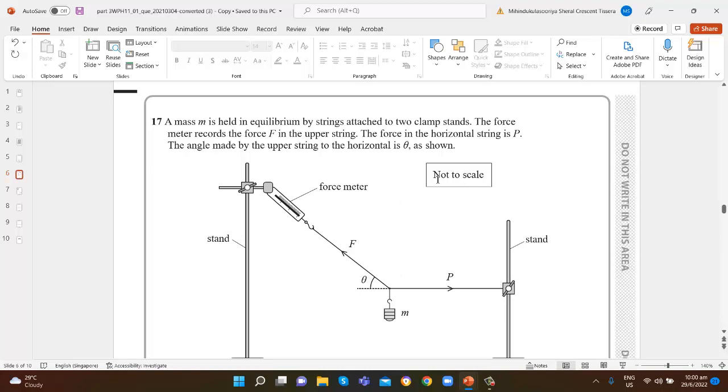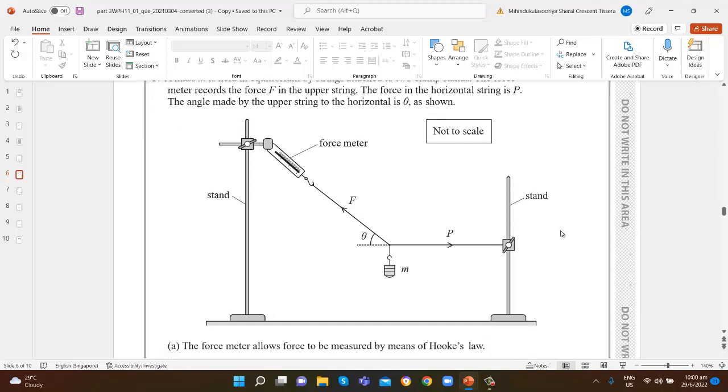They have mentioned here not to scale. In some papers it is given to scale. If it is given to scale, you have to take all the measurements with your ruler. They are not giving any value, but here it is not to scale, therefore you have to calculate.